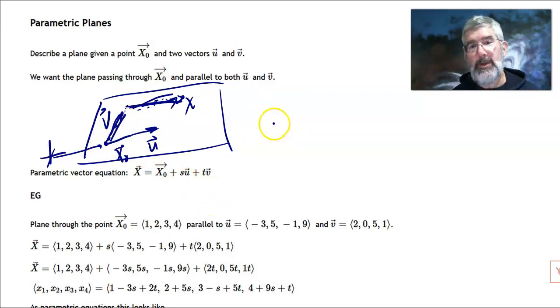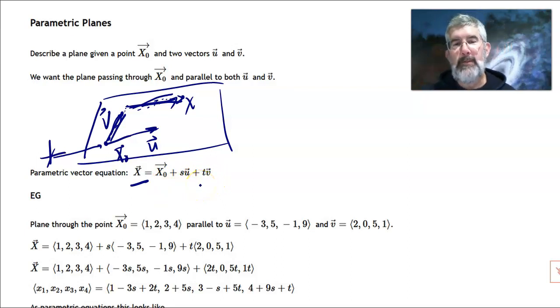So the formula looks like this: the point x, y, z, or x1, x2 up to xn, is x0 plus a multiple of u plus some other multiple of v. So describing the plane parametrically, I have to have two parameters, s and t.